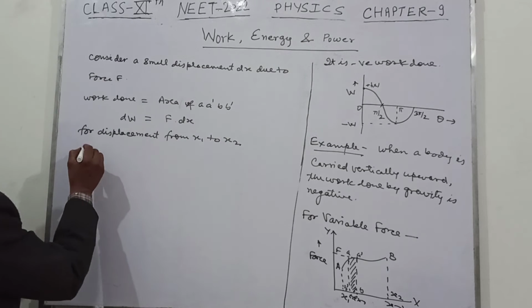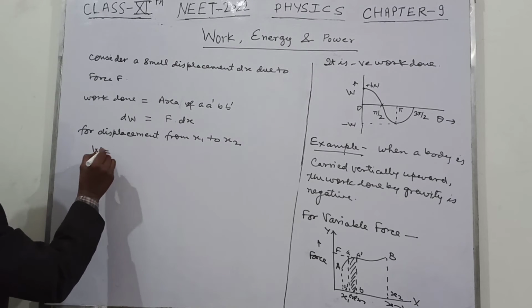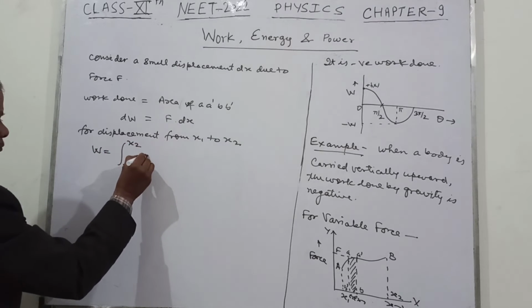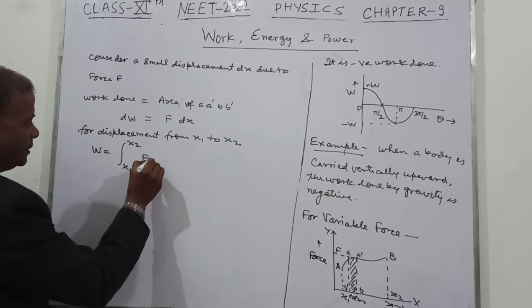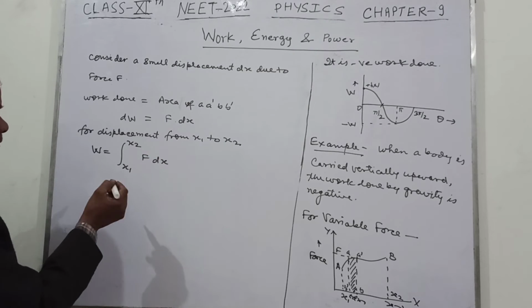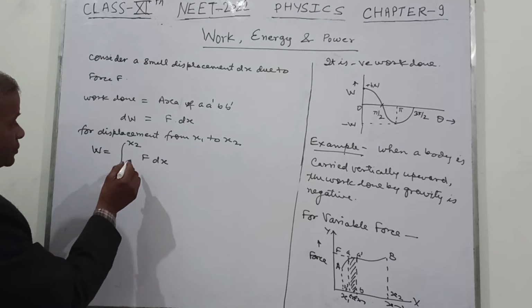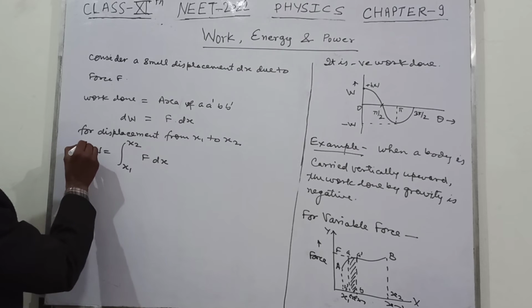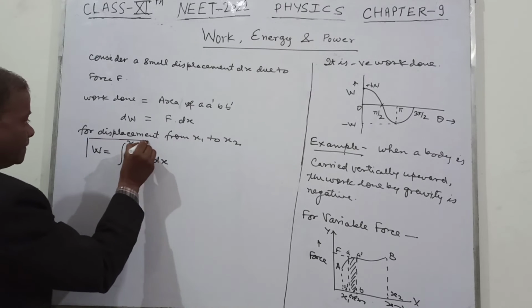Then this W is equal to the integration from x1 to x2 of F dx. If you are given the dot product, then you can write it like this. So this will give you the work done.